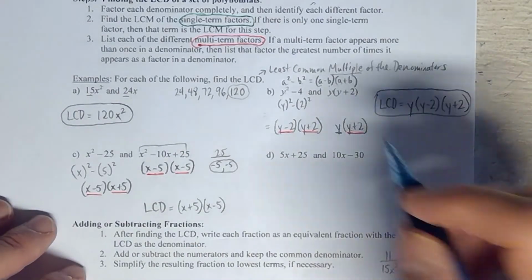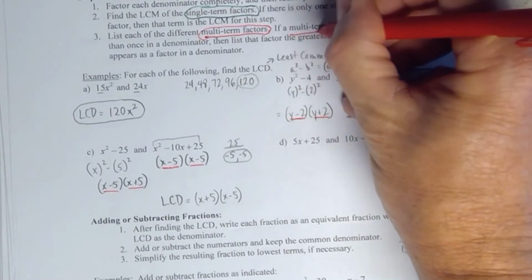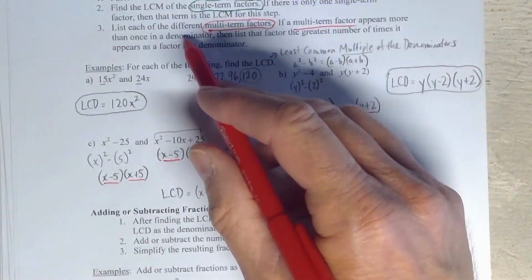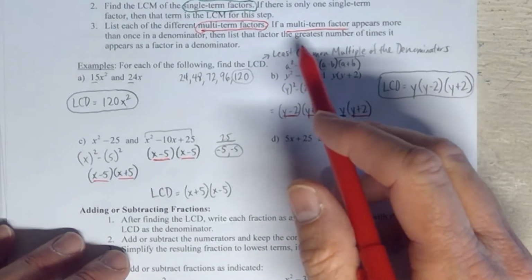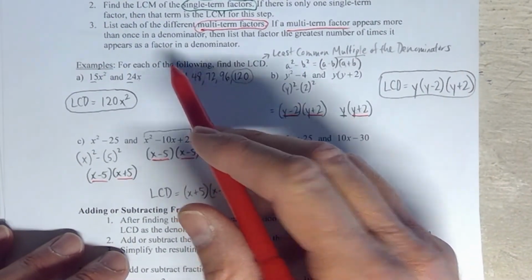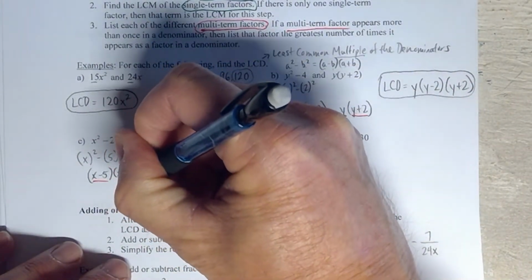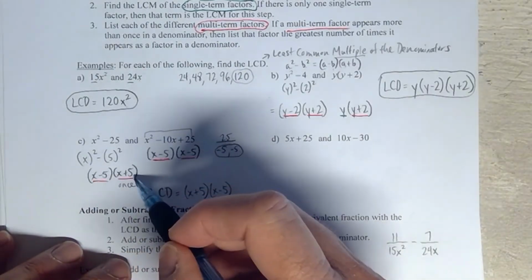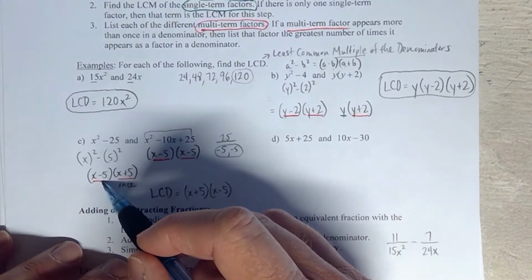Here's the thing. It says if a multiple term factor appears more than one time in the same denominator, then you list out the greatest number of times it appears. So let me show you what I mean by that. Notice that x plus 5 appears once here, and then x minus 5 appears once there.